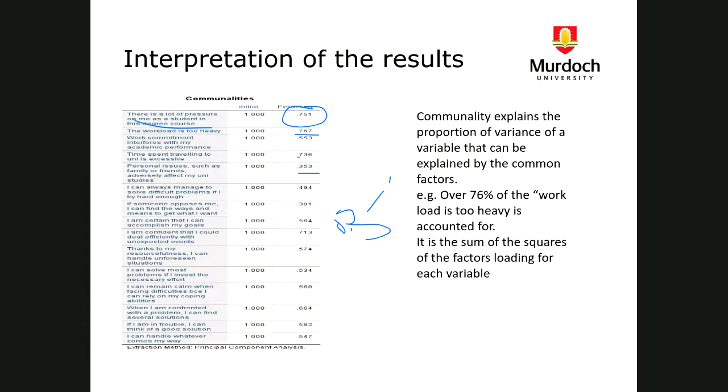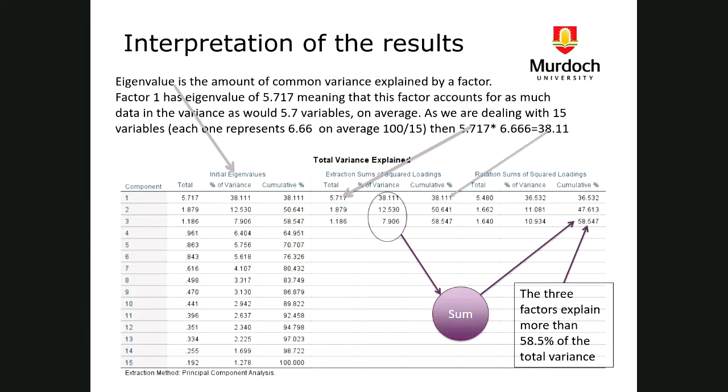Now this is the communality. We understand from the communalities how much each variable is interrelated or correlated with the common factor in general. This is how we understand the communalities. Now this table is a table of your life. This is where we interpret everything.